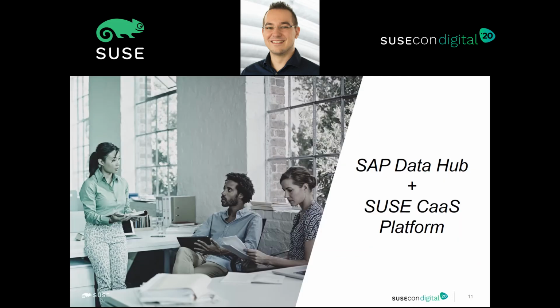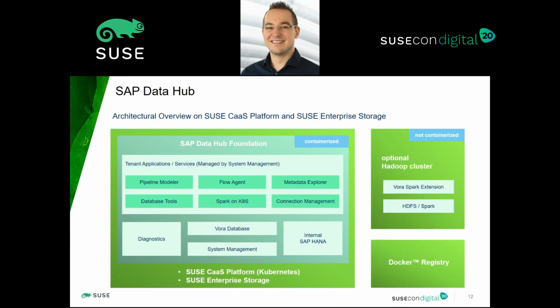And now let's take a closer look at how SAP Data Hub and SUSE CaaS Platform work together. On this slide, we can have a closer look at the architectural overview of how SUSE CaaS Platform and SUSE Enterprise Storage are working together with the SAP Data Hub. And as I stated, the SAP Data Hub is containerized, and that is the reason why it runs on our SUSE CaaS Platform.